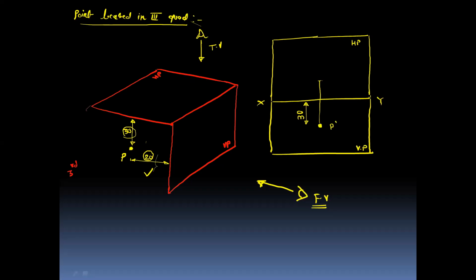So at 20 mm distance, mark the second point that will represent the top view. The letter that we use to represent top view is letter P. And this is equal to 20 mm. So this is how you can represent the front view and the top view when the point lies in the third quadrant. And the last condition is point lying in the fourth quadrant.